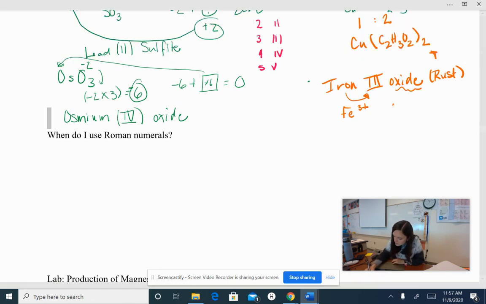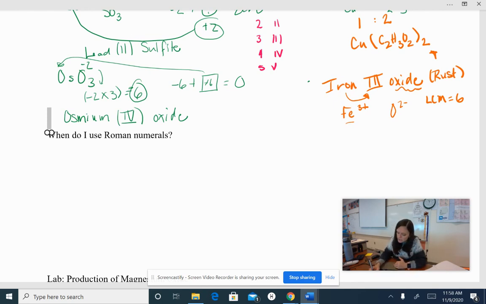Okay, so we know that the oxygen is a negative 2. So we need to find our least common multiple between 2 and 3, which is 6. So the question now becomes, how many iron plus 3s do I need to get to a positive 6?